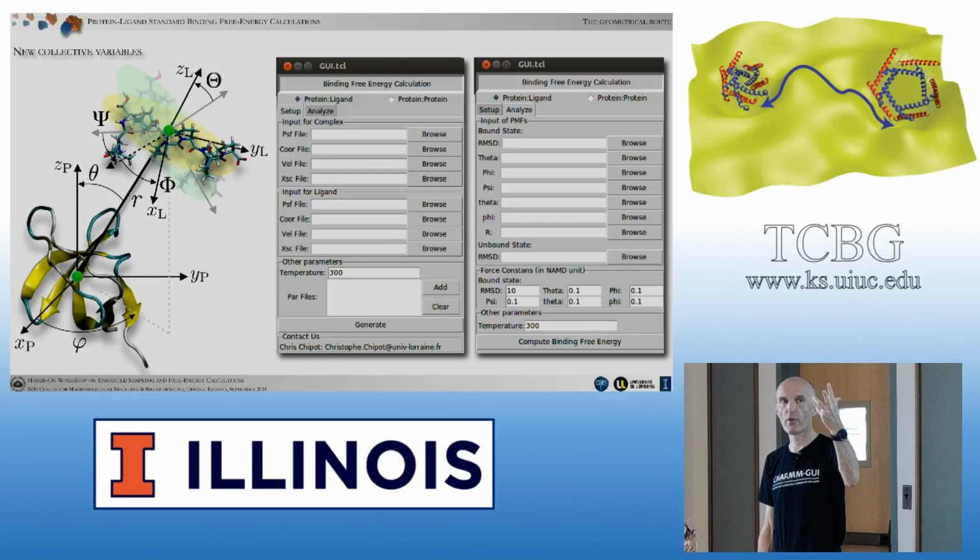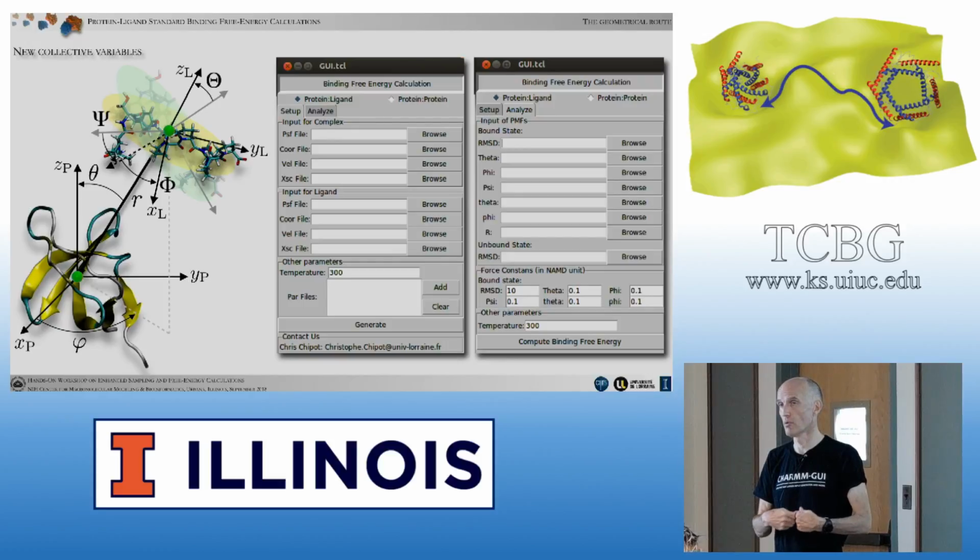You have the 3 Euler angles in the bound state. You have the 2 polar angles in the bound state. So that's already 6. You have the separation PMF from the bound state to the unbound state. That's 7. And then you have the RMSD in the unbound state. So that's 8. So in your directory, you'll have 8 subdirectories. And now it's ready to run.